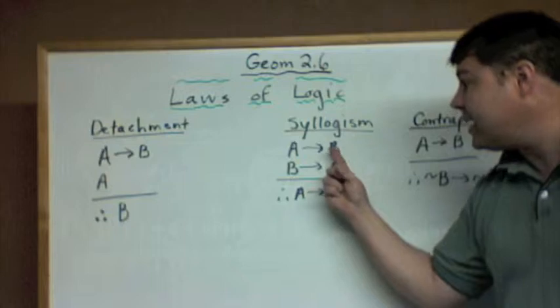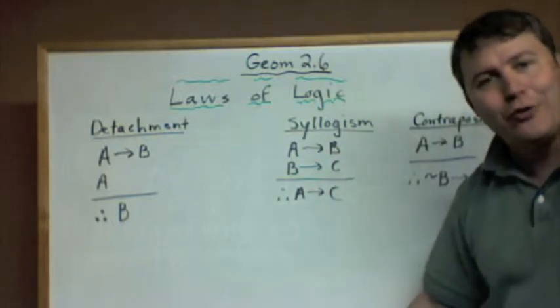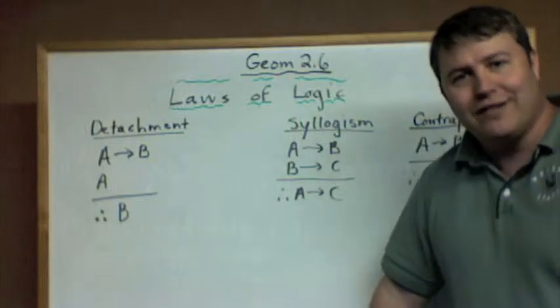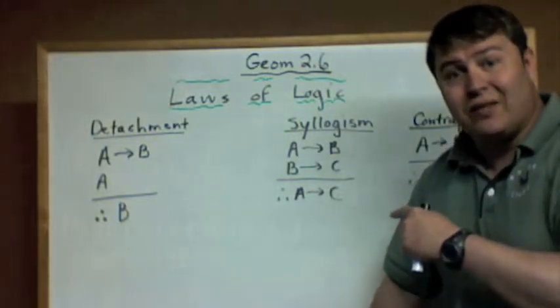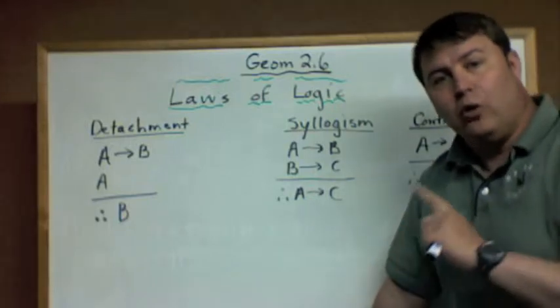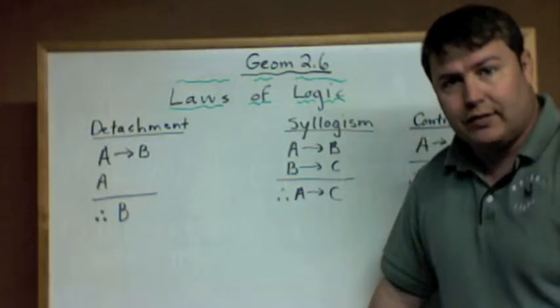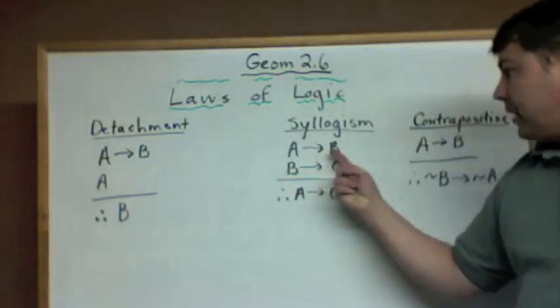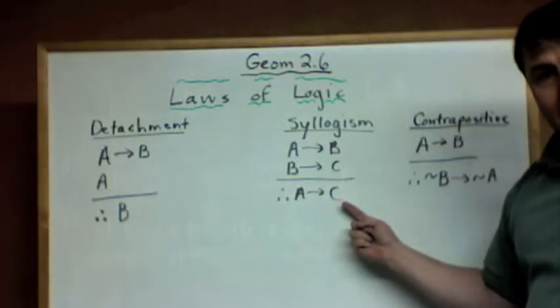If A equals B, and if B equals C, then A has to equal C. Do you remember what property that was? That was the transitive property. You guys, syllogism is just the transitive property, only you're using if-then statements instead of mathematical statements. If A implies B and if B implies C, therefore A has to imply C.